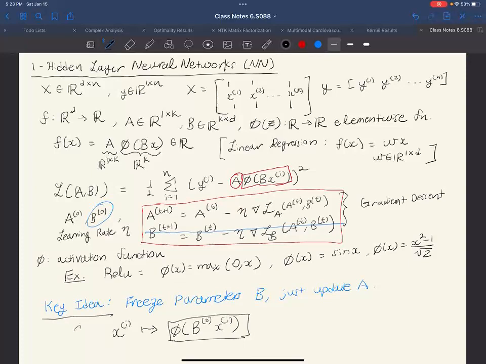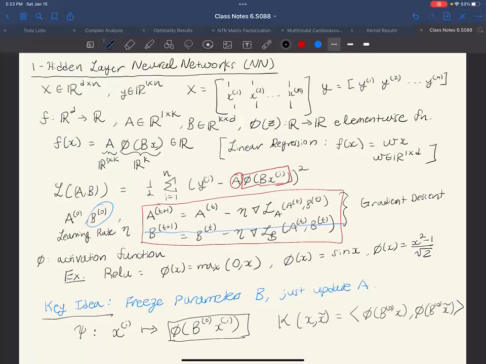Of course, this is exactly what we did by introducing a feature map. So this is in fact exactly kernel regression. And the kernel between any two points x and x tilde is just the inner product of phi of b naught x and phi of b naught x tilde.